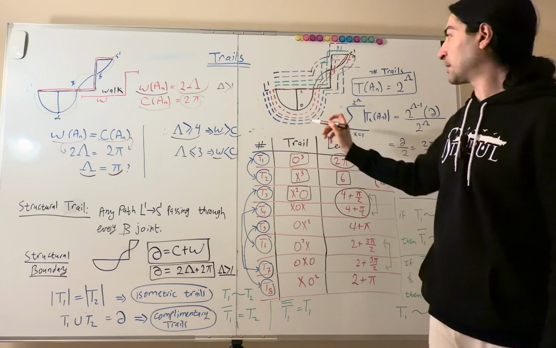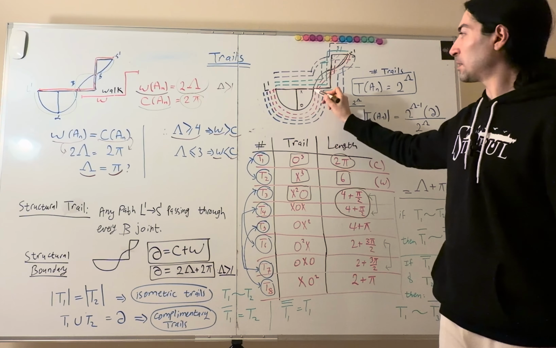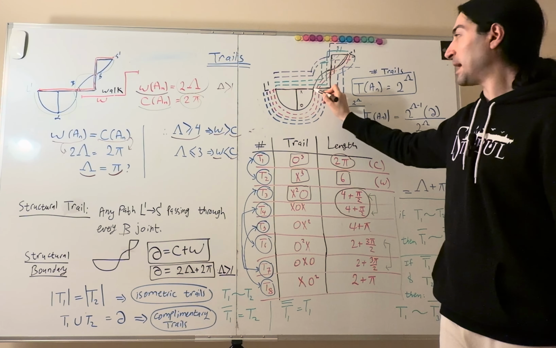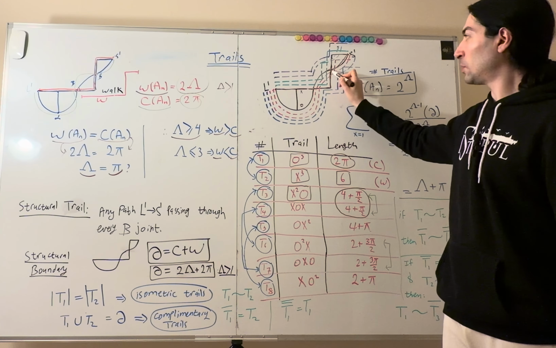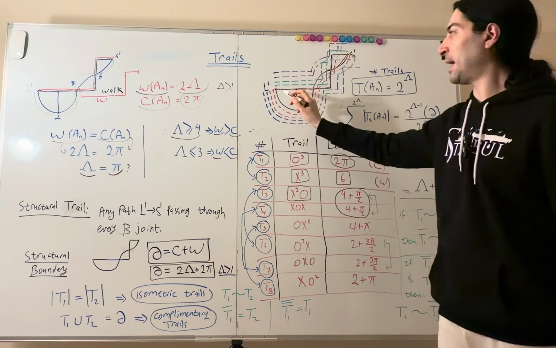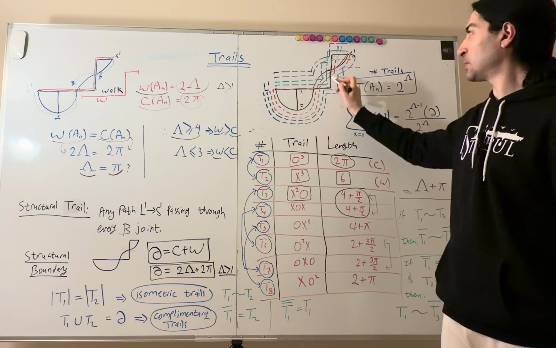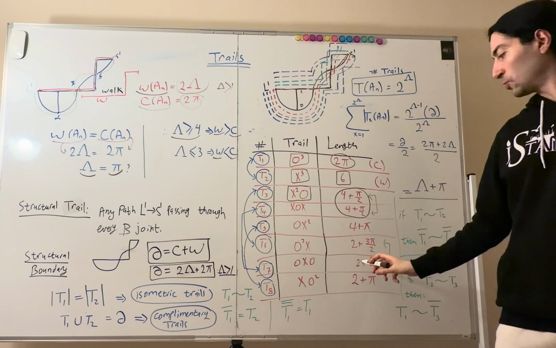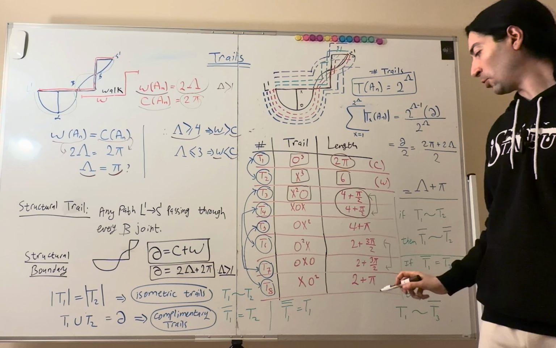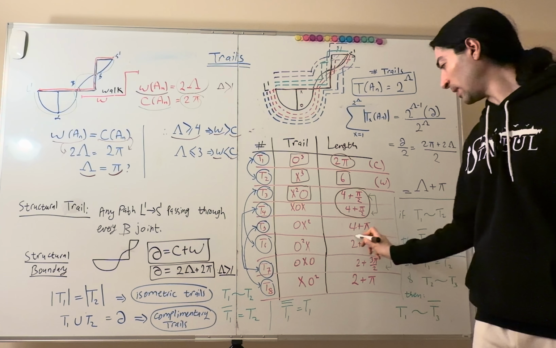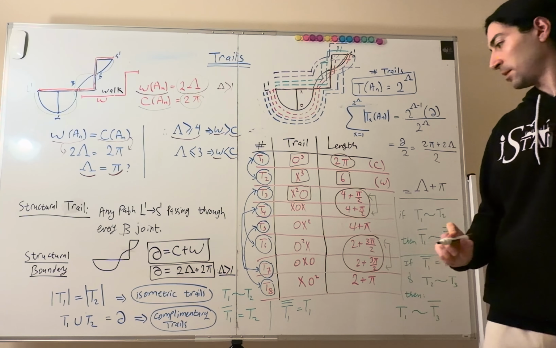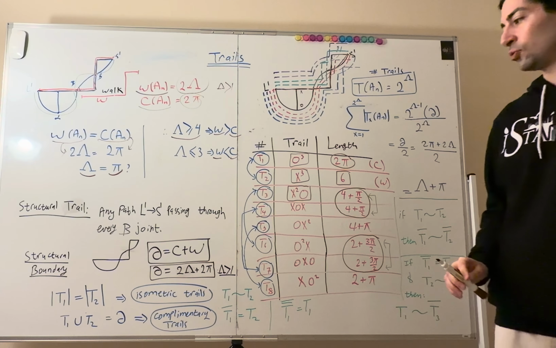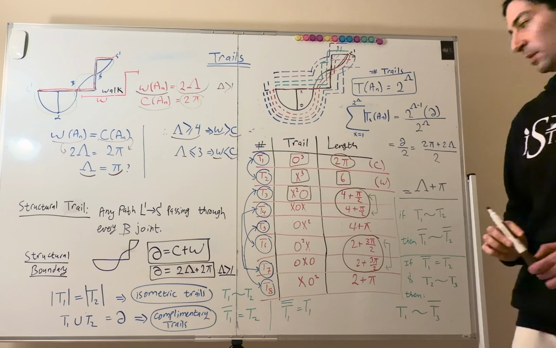And we have OXO, which is this arc here, plus an x, so plus 2, and then another arc. So we have pi plus 2 plus pi over 2. So that also equals 2 plus 3 pi over 2. So these two trails also have the same length. So we say that these are two isometric trails as well.